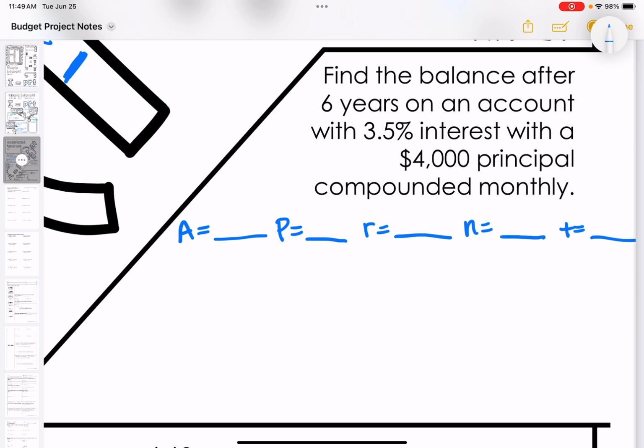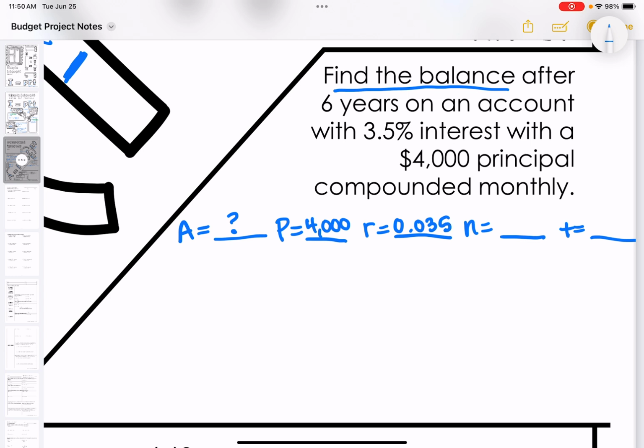So A is our balance, and in the question it says find the balance. So this we do not know. Our principal was $4,000. Our rate is 3.5%, but I'm going to take that and convert it into a decimal. So that's 0.035.